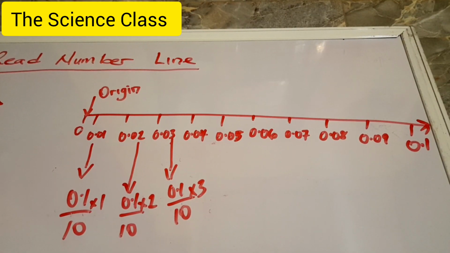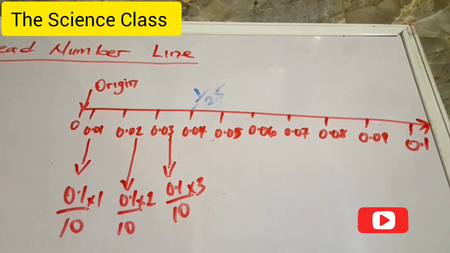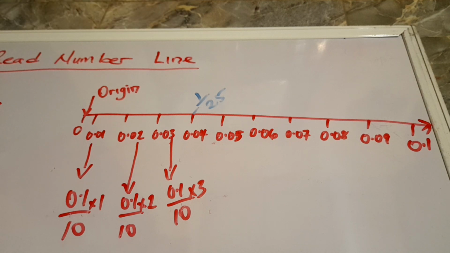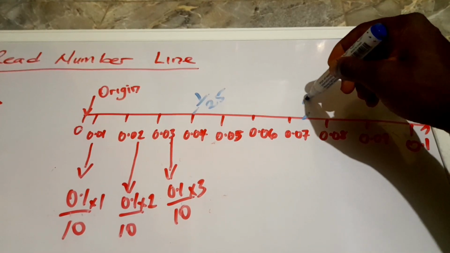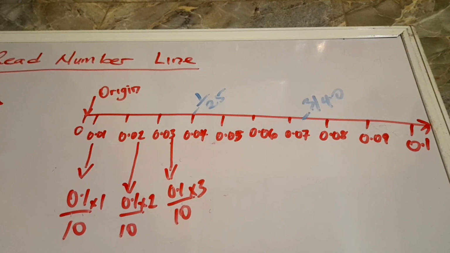Now on this number line, 1 over 25 gives us 0.04. So you have your 1 over 25 here. Now 3 over 40 is 0.075. Your 3 over 40 will be here. Then 1 over 50 is 0.02.